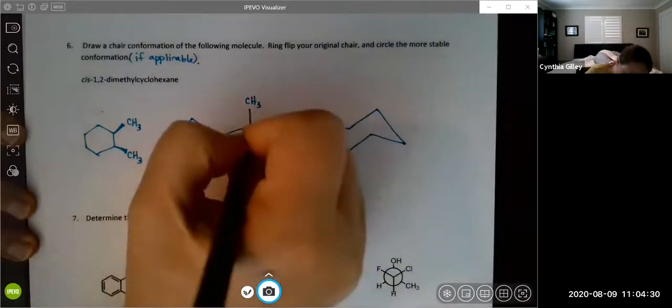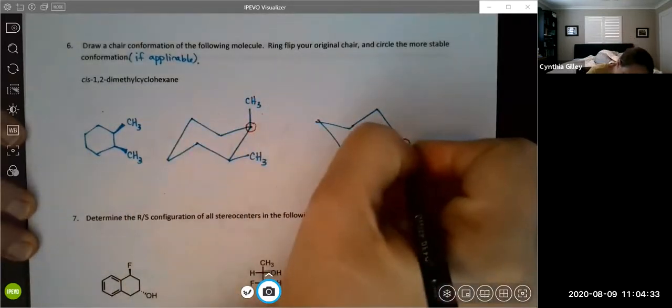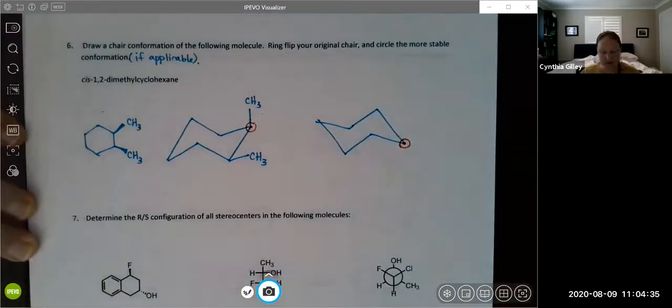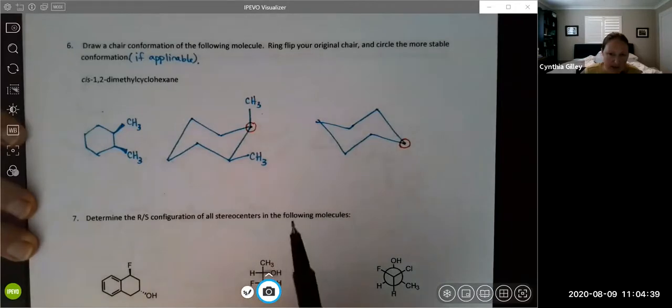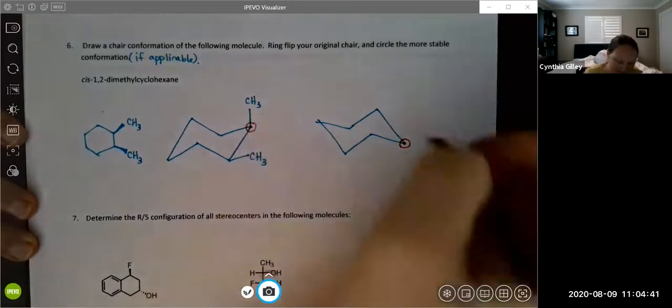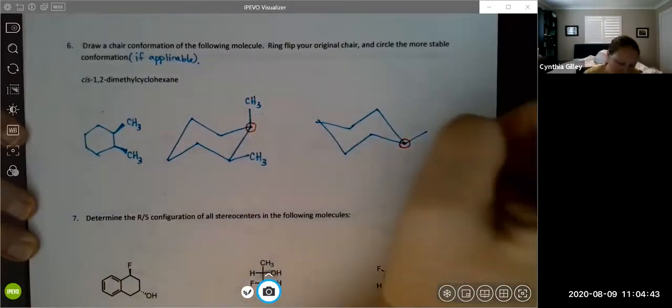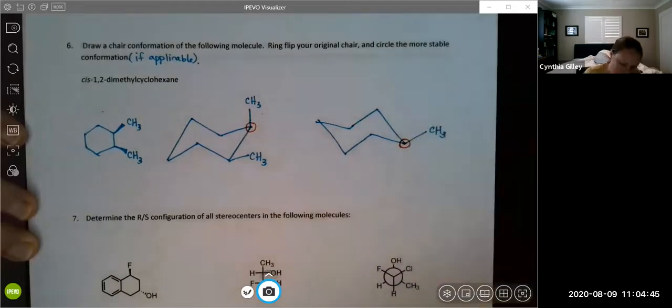Okay, so I'll just circle that so that it's clear where that carbon is after the ring flip has occurred. The methyls still need to be up, but it goes from up and axial to up and equatorial during the ring flip.